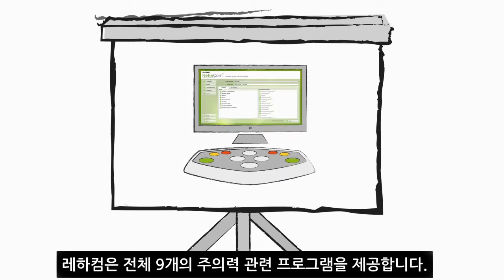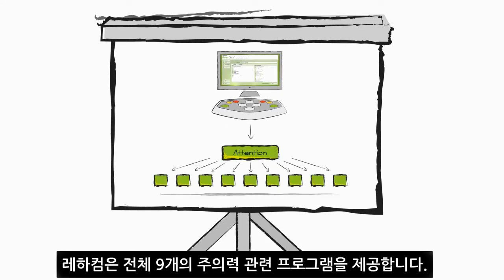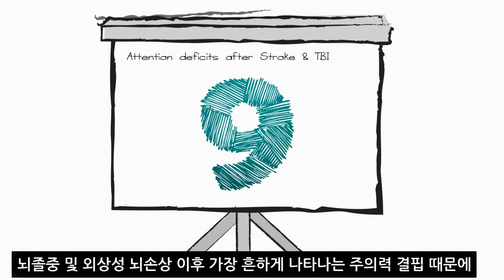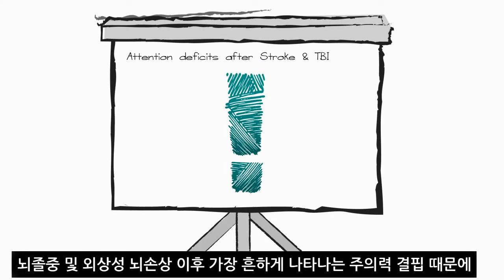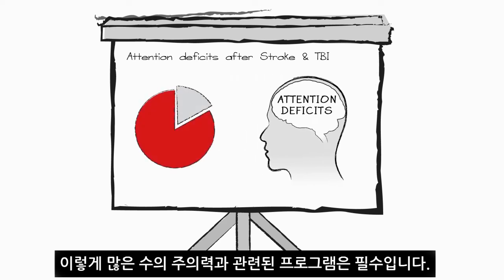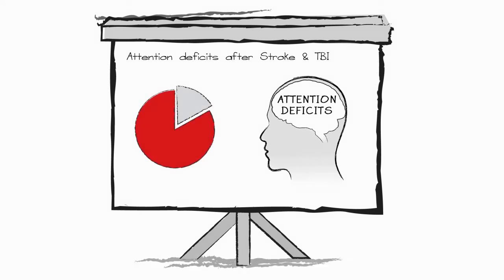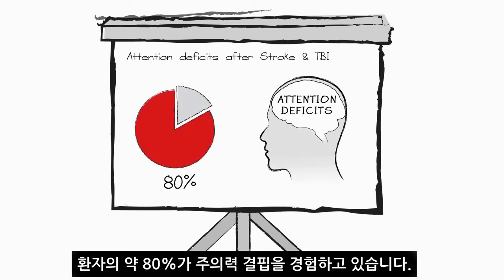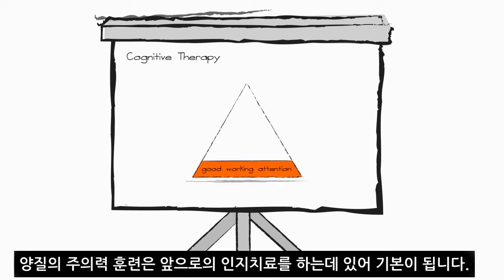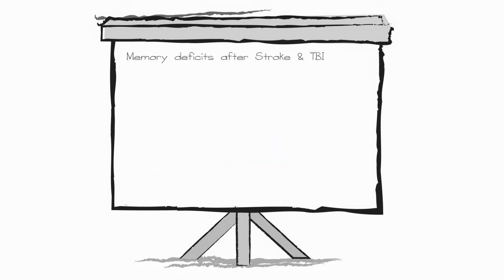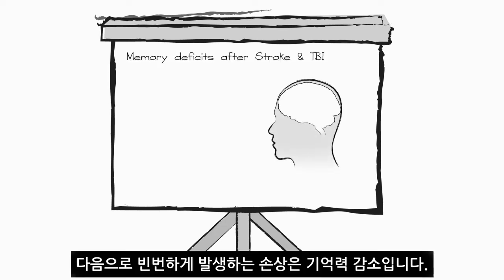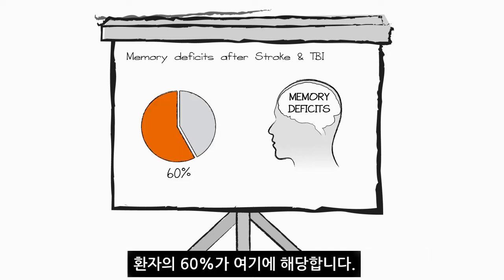In total, RehaCom delivers 9 attention modules. This large number of modules is necessary because attention deficits are most common after stroke and TBI. Nearly 80% of patients suffer from attention deficits, and a good working attention level is the base for all continued cognitive therapy. The next frequently encountered deficit is a loss in memory. 60% of patients have this problem.